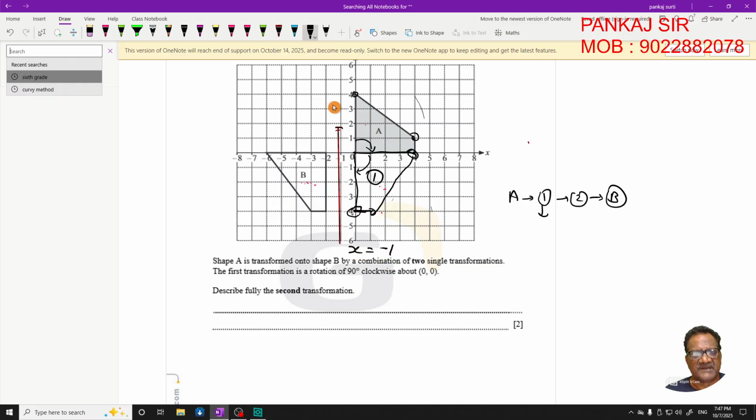So the mirror line is x equal to -1, and the transformation is, you can see very clearly, a reflection. So in the second transformation, 1 is getting transformed to B by reflection along the mirror line x equal to -1. So that's the answer for this question.